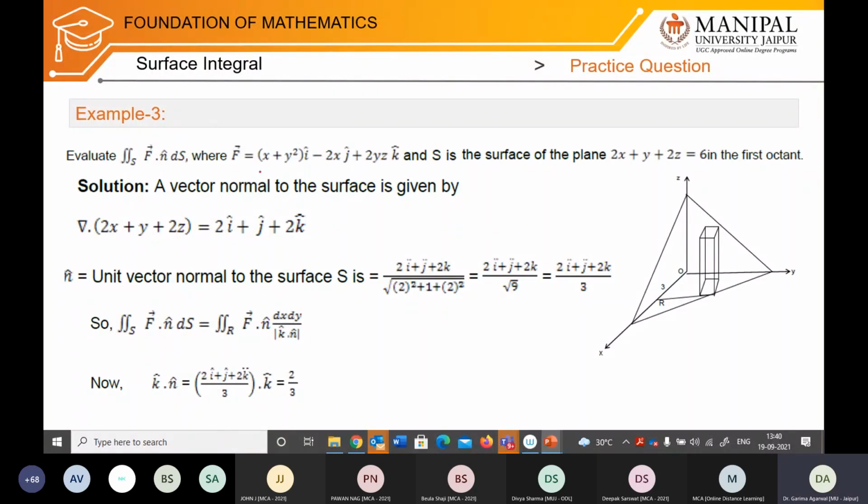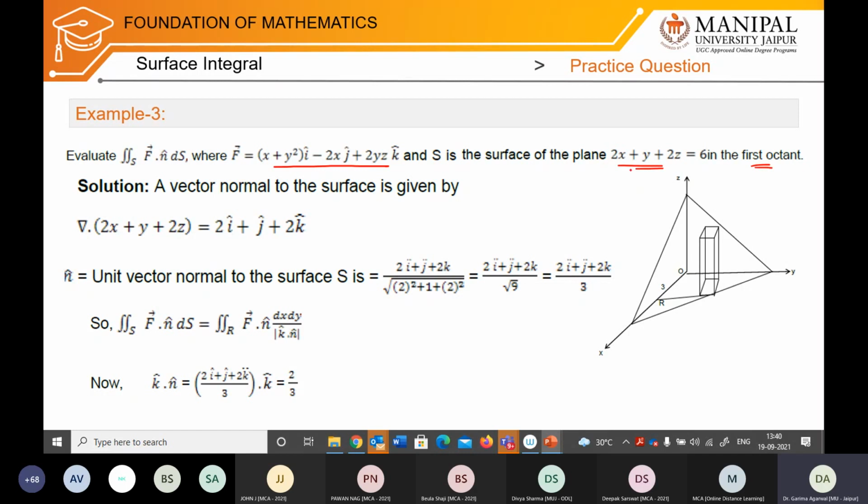Here we have one more formula. Let's say we have this vector and S is the surface of this plane in the first octant, right? And we need to find the surface integral. So first of all, we'll find F dot n cap dx dy upon k dot n cap. So n cap is the gradient of the surface upon the magnitude of the gradient of the surface.